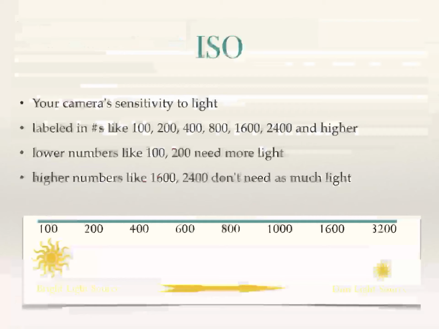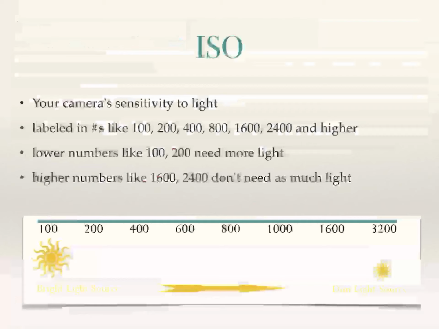But higher numbers like 1600 and 2400 don't need a lot of light. So say, for instance, I was going to shoot somewhere where it was low light, like it was dark. I wanted to do some night photography. I wanted to do some indoor photography.